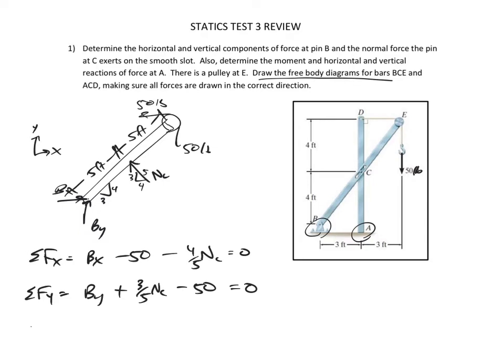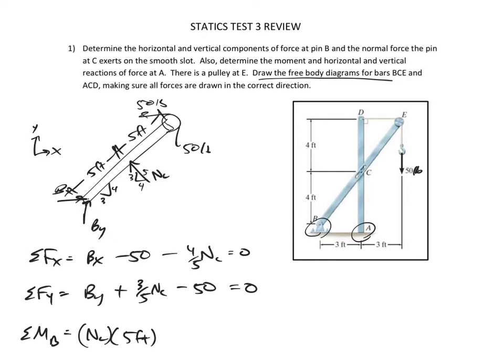And then if I sum the moments about B, then BX and BY aren't in that equation, so that will help things out. Now, don't overthink this. Just take that NC and multiply it times its perpendicular distance of 5.